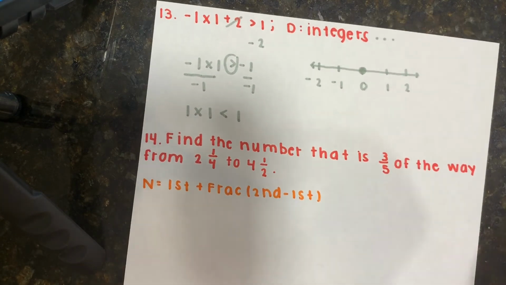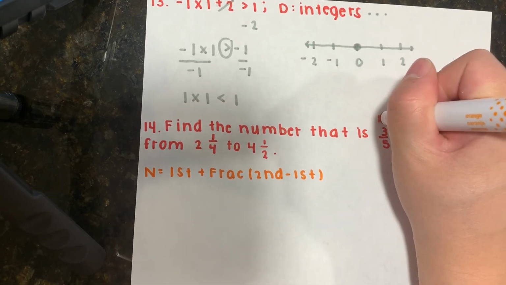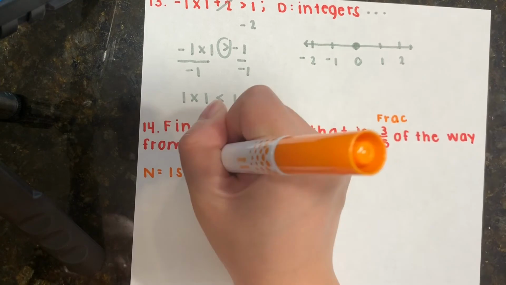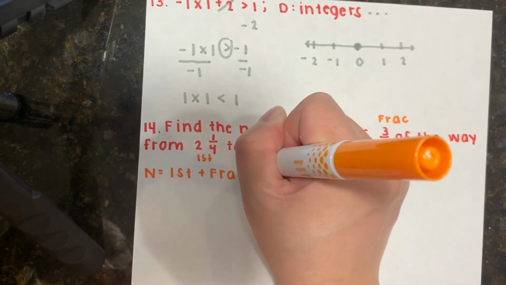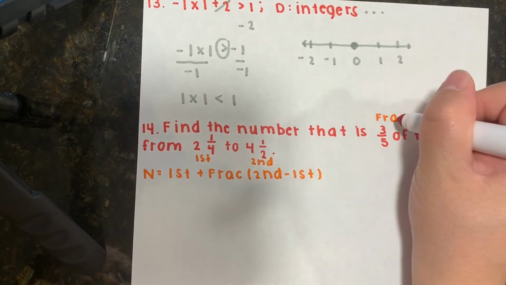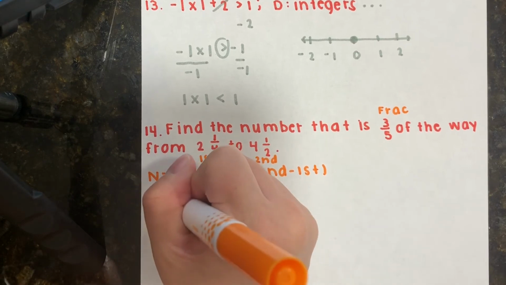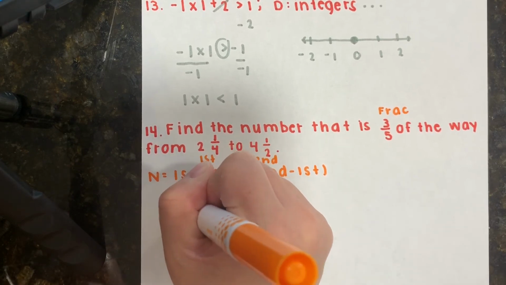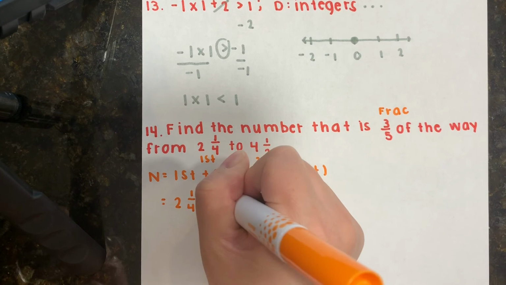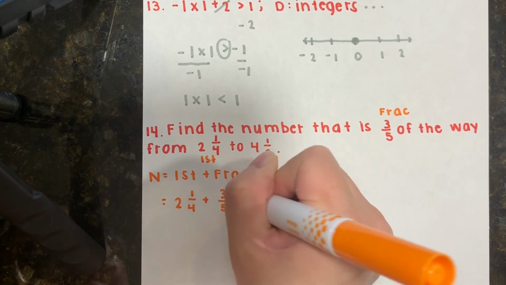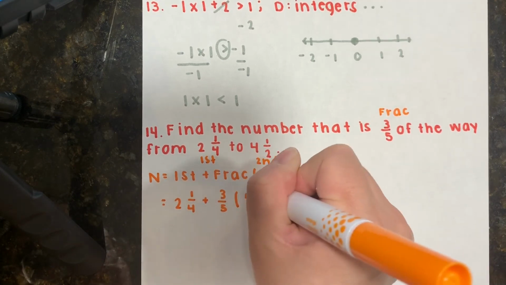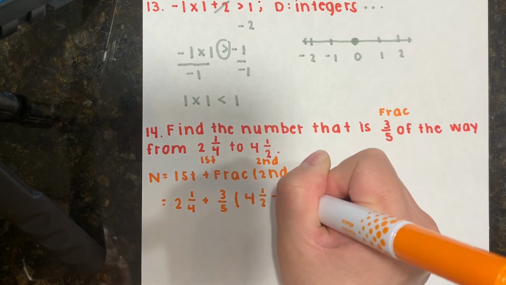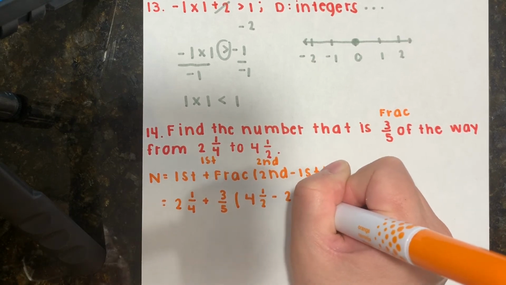So the first number is going to be 2 1/4. The fraction is 3/5. The second is 4 1/2 minus 2 1/4.